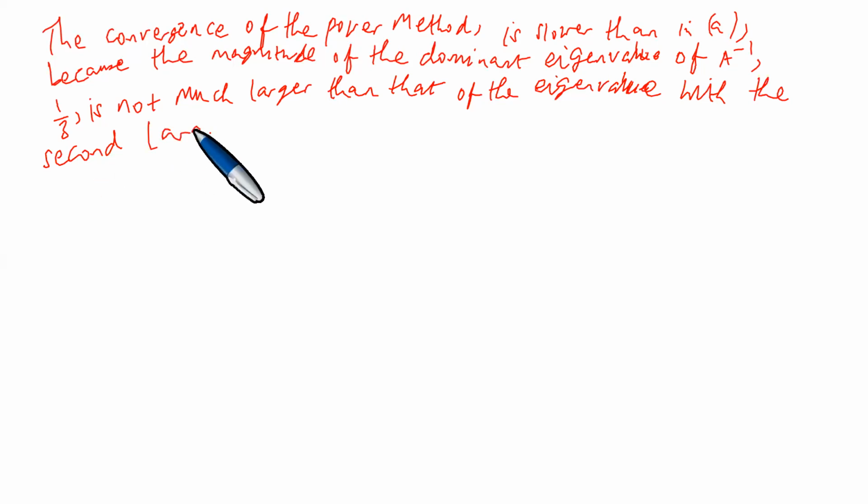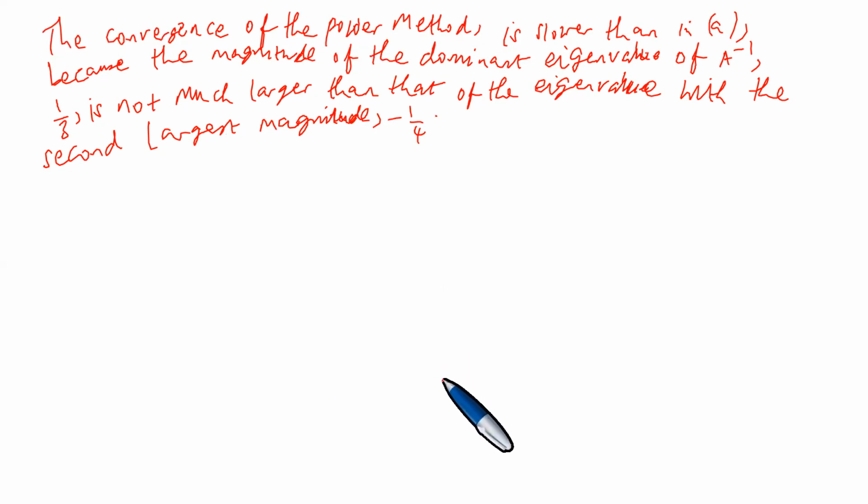Okay, we shall analyze this here. Second largest magnitude, minus 1/4. Okay, the convergence obviously of the power method, we say, is slower than in A.